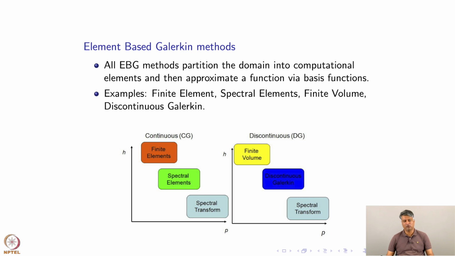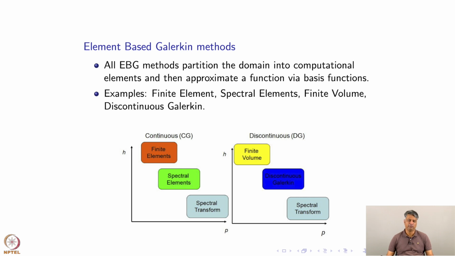If you have high orders of polynomial approximation, then you will need fewer computational elements, or lower H. On the continuous side, if you have high H and low P, you are in finite elements. If you have more polynomials describing the solution, you will need fewer elements, so lower H, and you enter spectral elements.